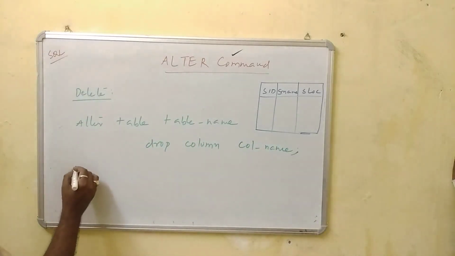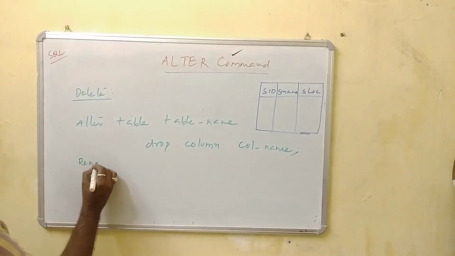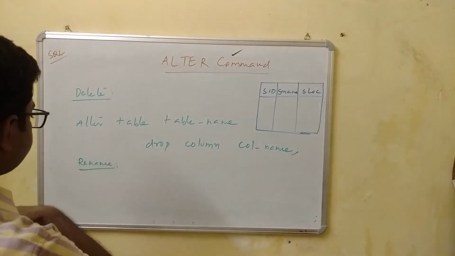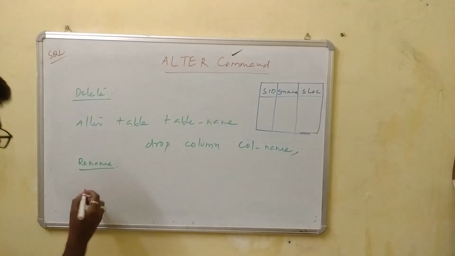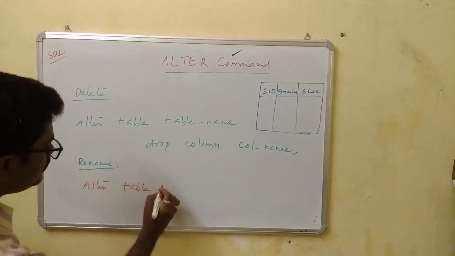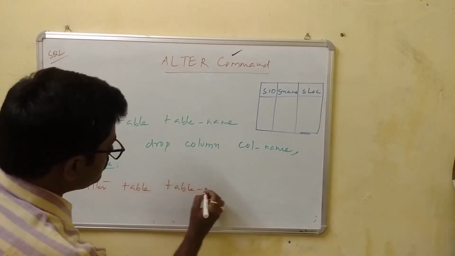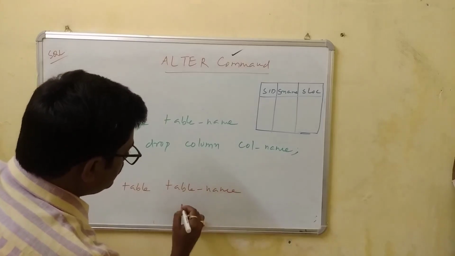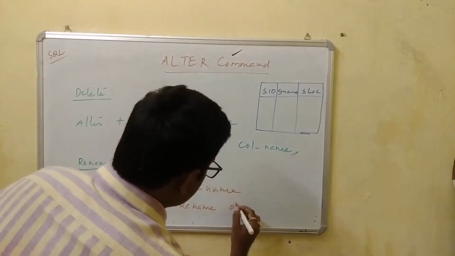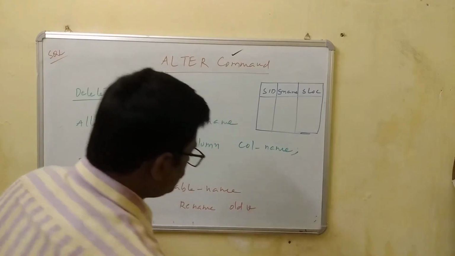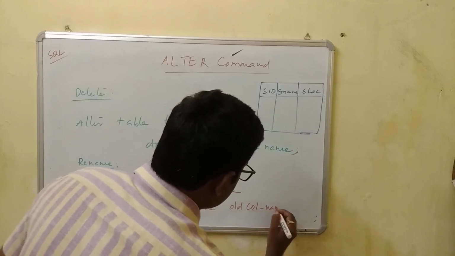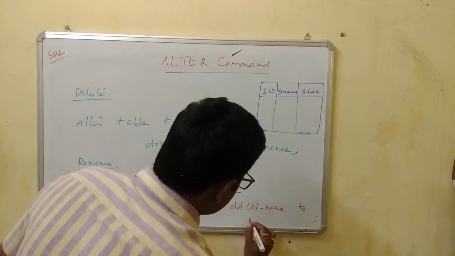Finally, the fourth functionality is renaming. If you want to rename any column, the syntax is alter table table name rename old column name to new column name.